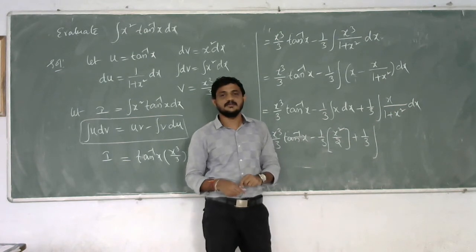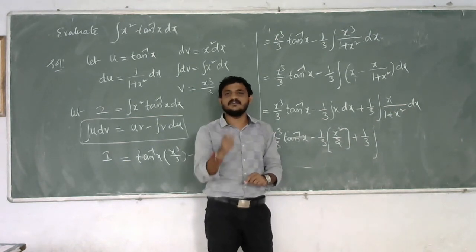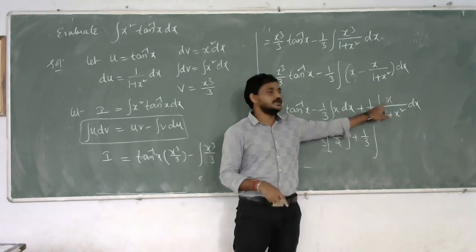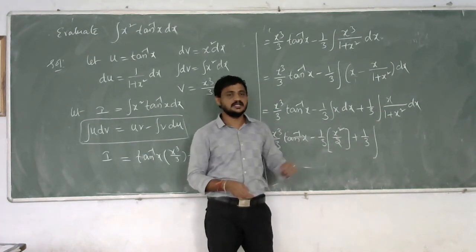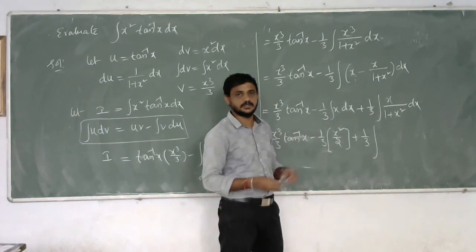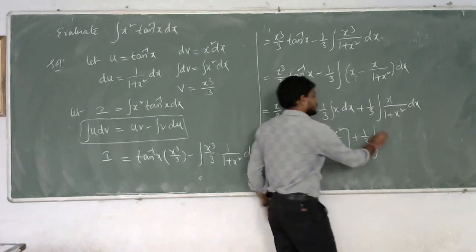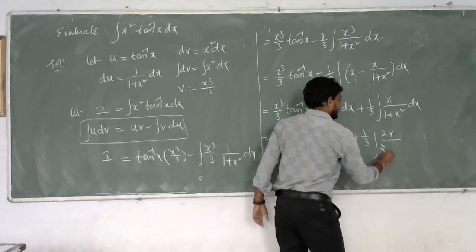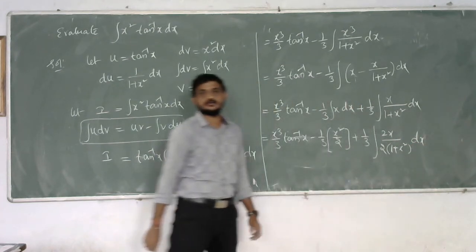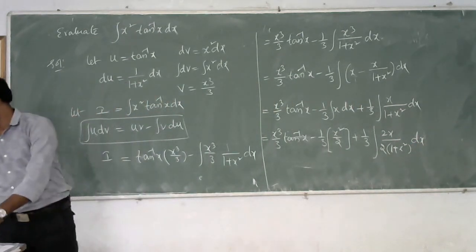To use the formula, integration of f dash of x by f of x dx, in the numerator 2 is missing. So let us divide and multiply by 2 to get into that formula. Then simplify.